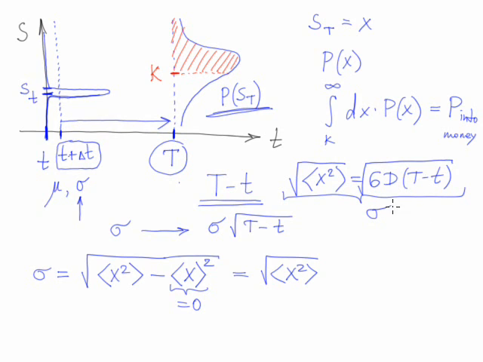We see that sigma scales as the square root of time, the square root of the time interval. So we can easily understand this.